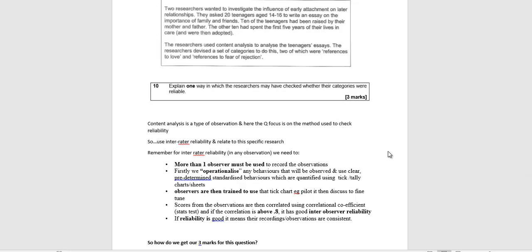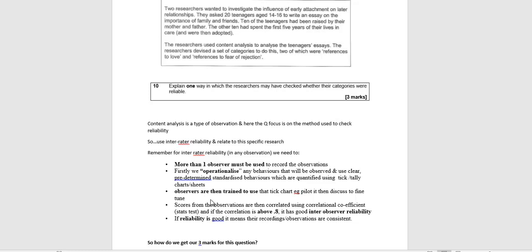For inter-rater reliability in any observation, not just content analysis, we need to make sure we have more than one observer. We need to operationalize the specific behaviors we're looking at. We would use predetermined tick lists or tally charts, which are standardized, so we can quantify those behaviors.